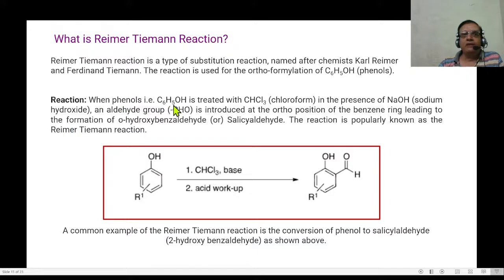When phenol is treated with chloroform in the presence of base, an aldehyde group is introduced at the ortho position of the benzene ring, leading to the formation of ortho-hydroxybenzaldehyde or salicylaldehyde as a product, which is popularly known as the Reimer Tiemann reaction.